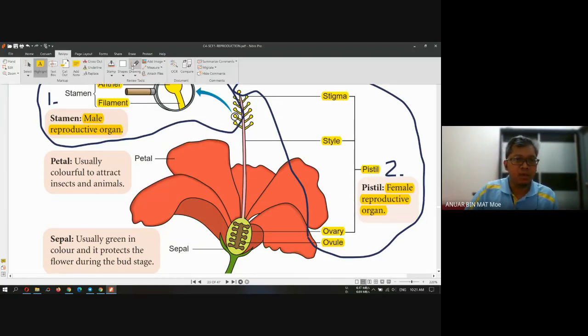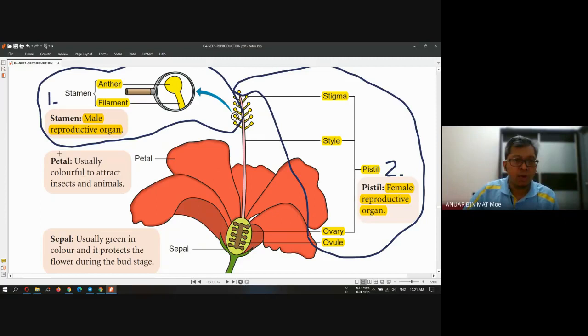For example, here we have what we call a petal. This is the petal. Usually colorful. If you look at the textbook, the color of the petal is red. Usually a striking color: blue, yellow, red, purple. This is different from the color of the leaf, right?